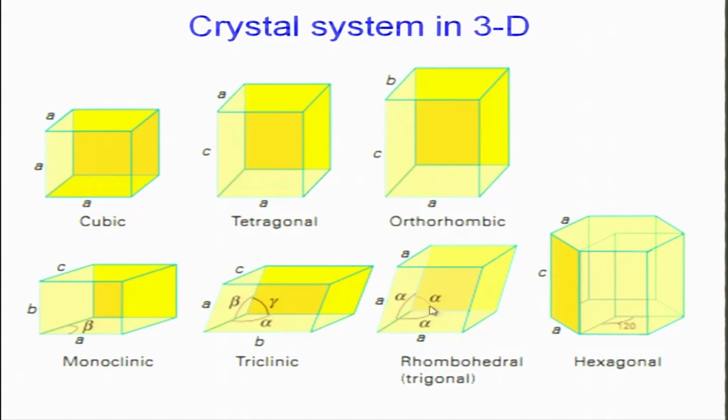Here all three angles are equal, alpha, alpha, alpha, but they are not equal to 90 degrees, and a, b, c are all equal. And this is the hexagonal system. This is the basic unit cell in the light green. You can see gamma is equal to 120 degrees, a and b are equal, but they are not equal to c. So, these are the crystal systems in 3D.